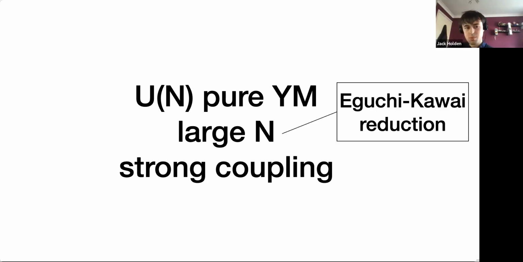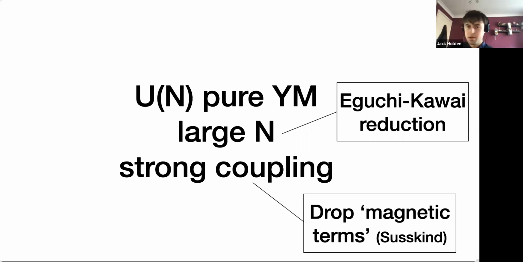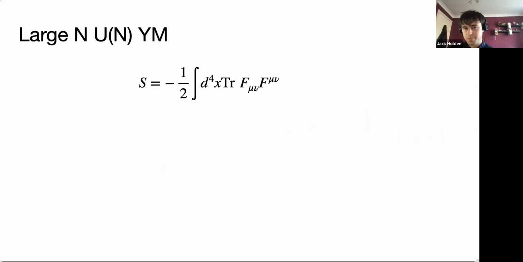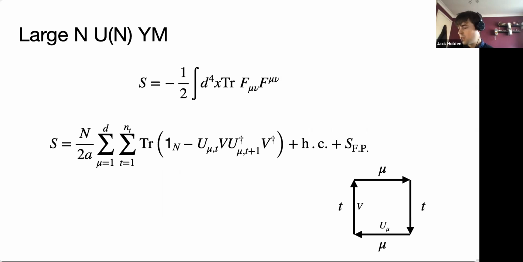The reason why we take the large N limit is so that we can perform Iguchi-Kawai reduction, which makes the computation much more feasible. By taking the strong coupling limit, what I mean is that we drop magnetic terms in the lattice. So this is the familiar action for Yang-Mills, and we place it on the lattice.